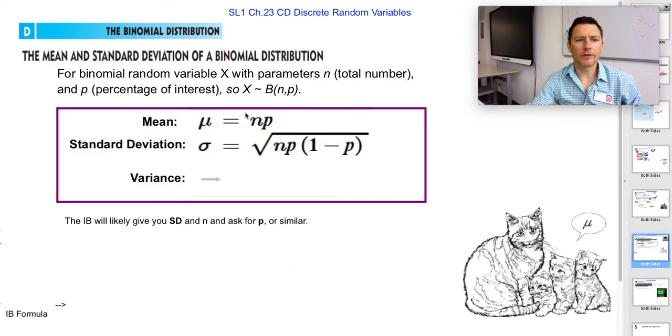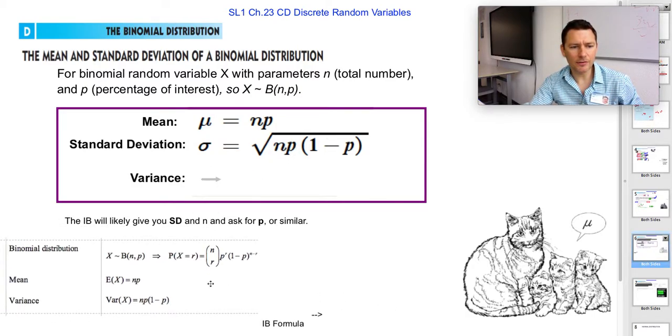Coupled along with this, there are also some formulae that they like to throw at you once in a while. One is about the mean, the other is about standard deviation and variance. They're coupled together. The mean is really just the number of times that something happens times the probability, so that's n times p. Standard deviation is a big ugly derivation to get here.